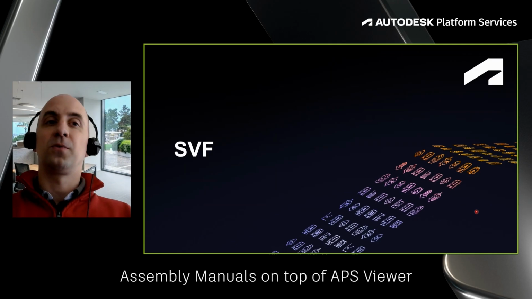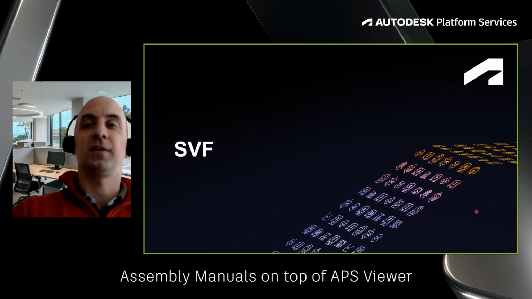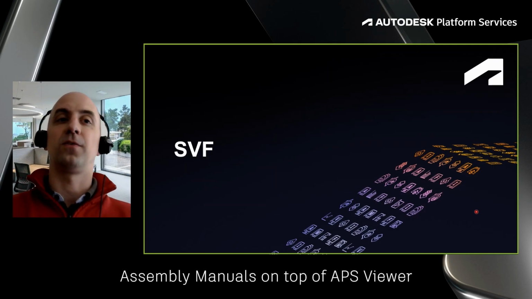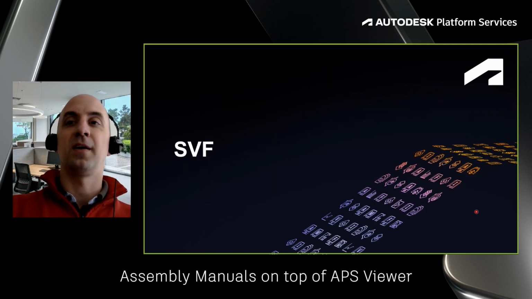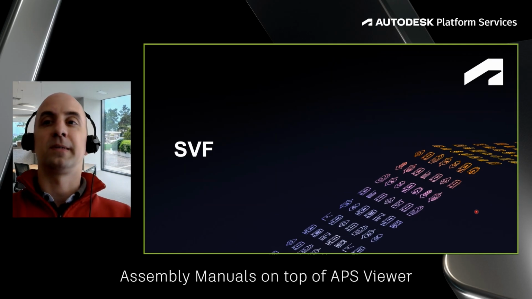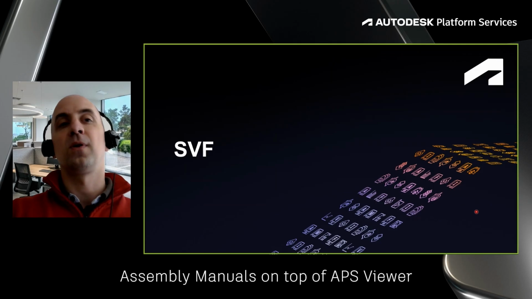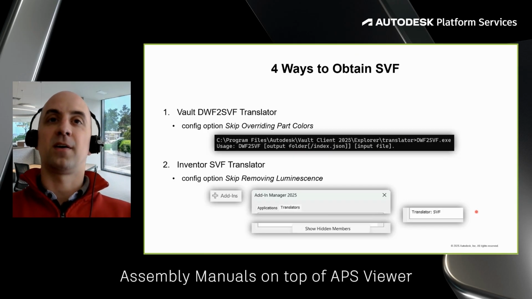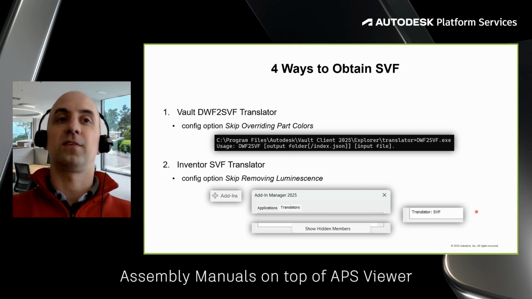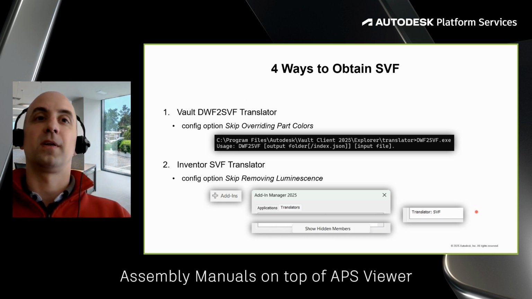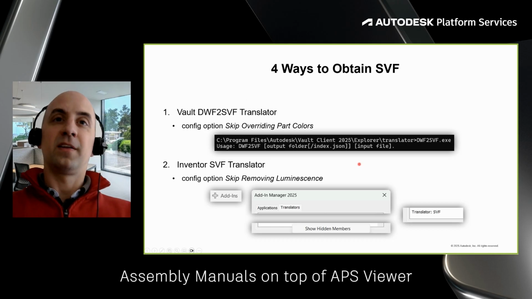I have dug into the SVF version 1 file format in order to retrieve metadata outside of the viewer API, and I've managed to have some success with that, but that's a topic on its own. We're going to stay at a higher level and just see how we can even get SVF version 1.